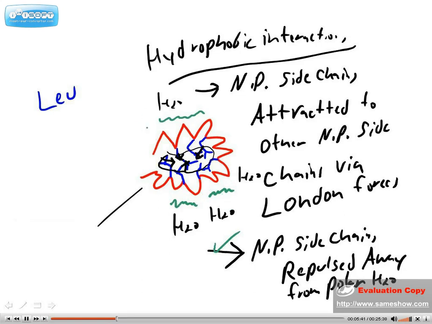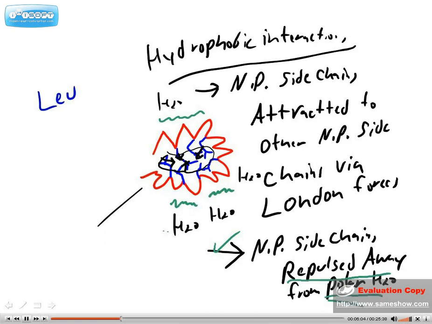Let me say this all over again. I know I'm going really fast. The nonpolar side chains are attracted to other nonpolar side chains. At the same time, they are repulsed away from the polar water molecules.